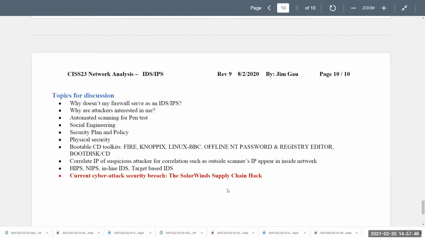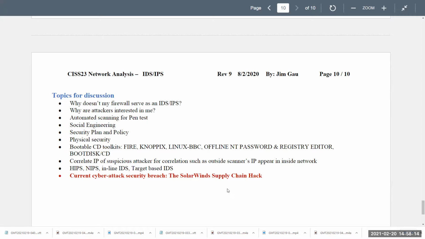This SolarWinds Sunburst vulnerability also deploys a reverse DNS lookup to make outbound access to connect to the attacker, and we will do quite a few of those exercises during the network monitoring.